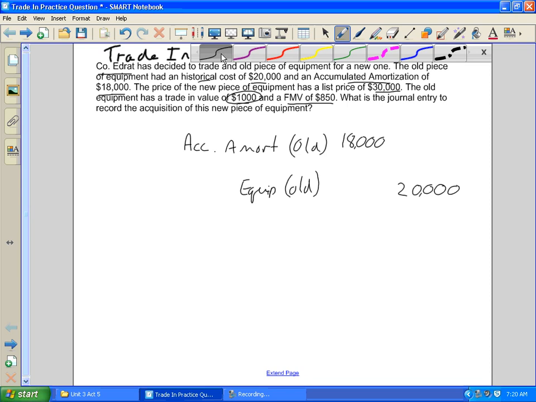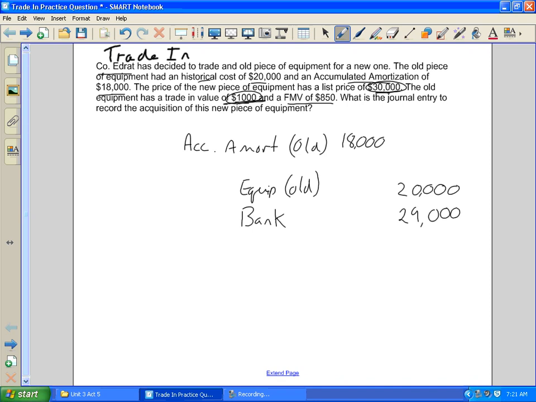So what I want to work with now is what I actually paid for the new piece of equipment. Well, it's a list price of 30 grand, but we have a trade-in of $1,000. So we're only going to pay the list price minus the trade-in value, which is $29,000.